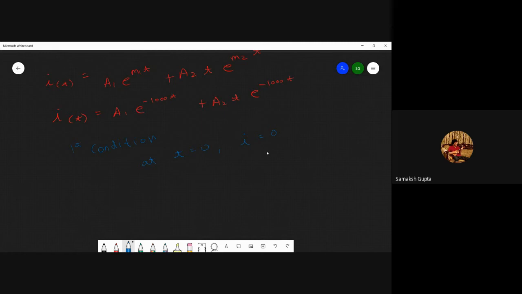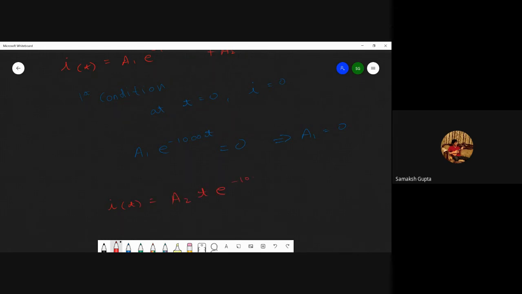So if we put this initial condition into our expression, we get A1 e^(-1000t) = 0. The other part will just go to 0 because it already includes a t term. So this implies that A1 is 0. So right now we have found that A1 is 0, and our current takes this form.